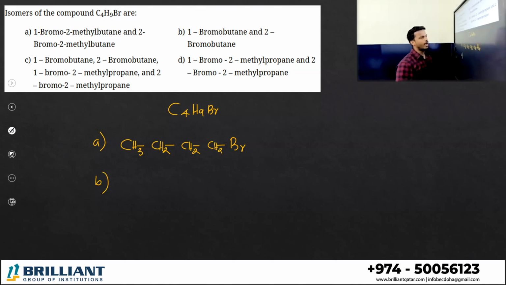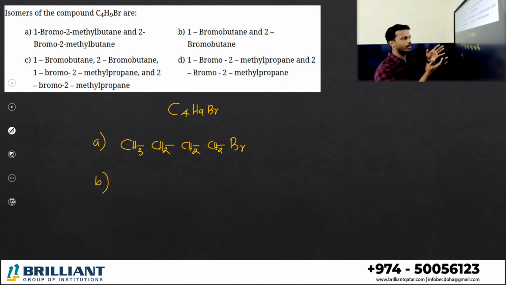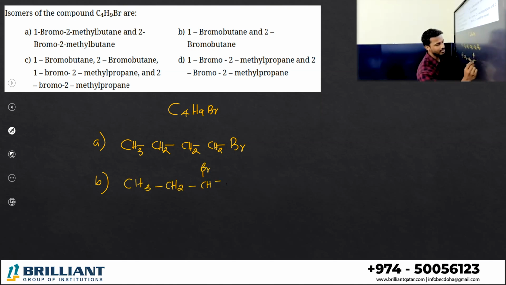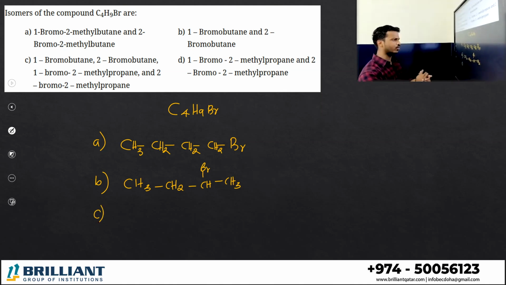Second compound, I can make the position of bromine into the second carbon. This is 1 bromobutane. Let me place it, CH3, CH2, CHBr and CH3. What is the name of this compound? 2-bromobutane. And compound number C, what we can write, dear student? So bromine position over. Now let us interchange the alkyl group.